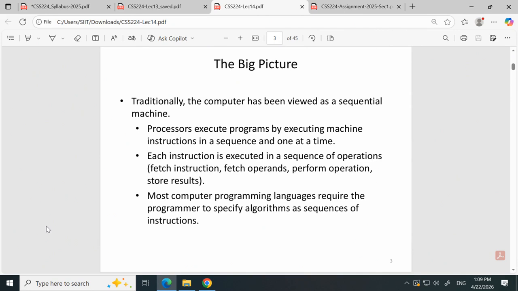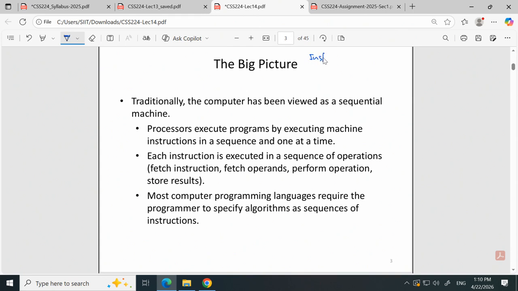Basically, when you as a programmer write code, you write instruction 1, instruction 2, and so on, in a sequential order: 1, 2, 3, 4, 5, 6.